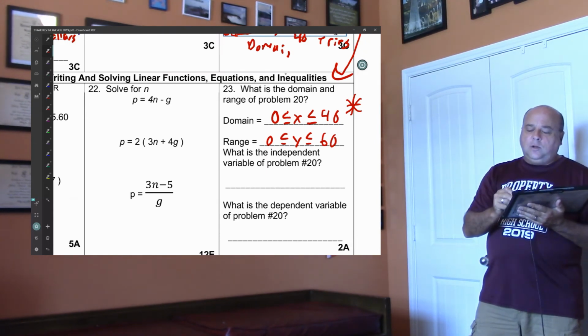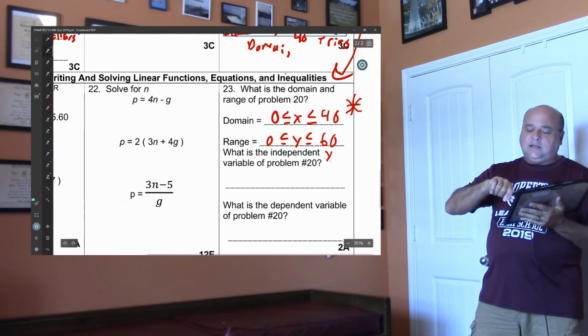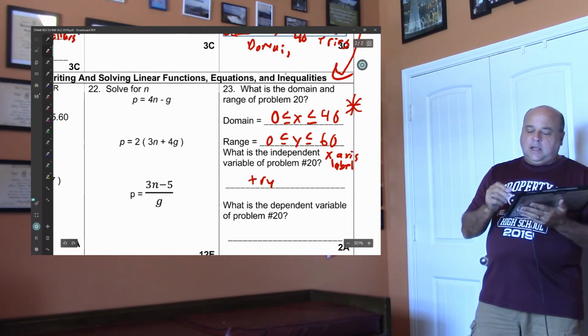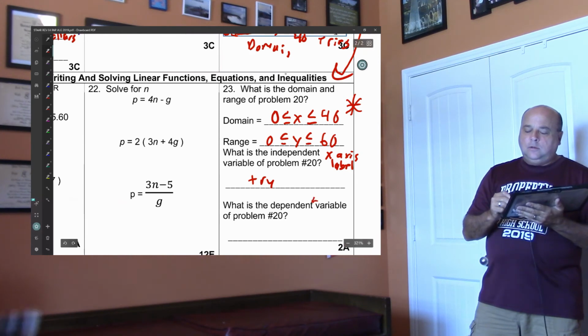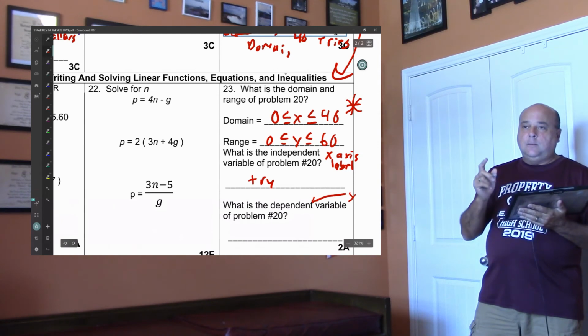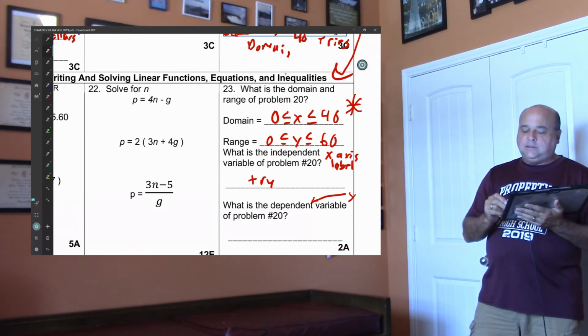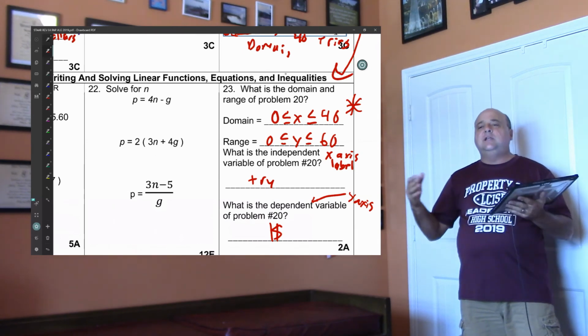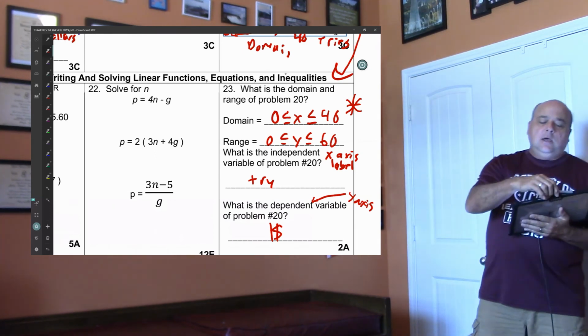The independent variable is your x-axis label, and the x-axis label is the tries. Your dependent variable is your y-axis label. The dollars depend on the tries. The dependent variable would be the dollars, right? So your independent variable is your x, your dependent variable is your y.